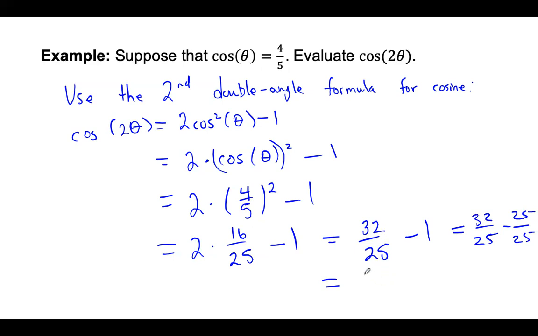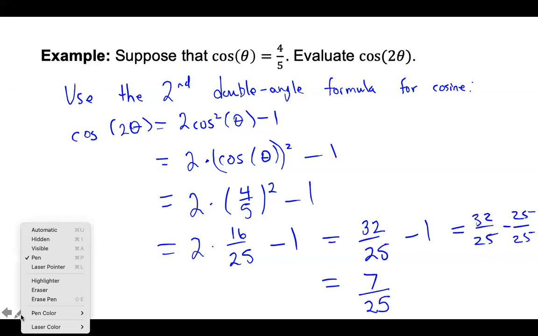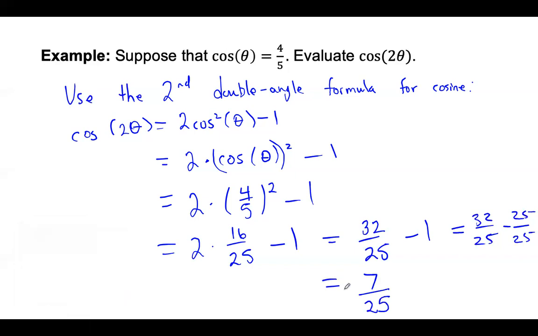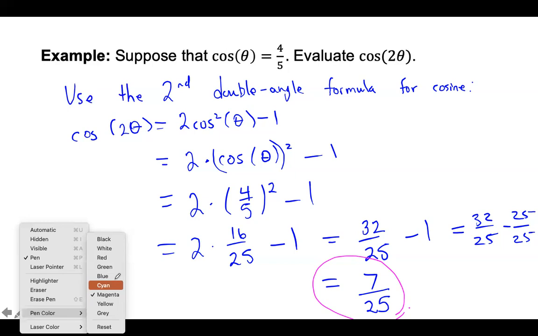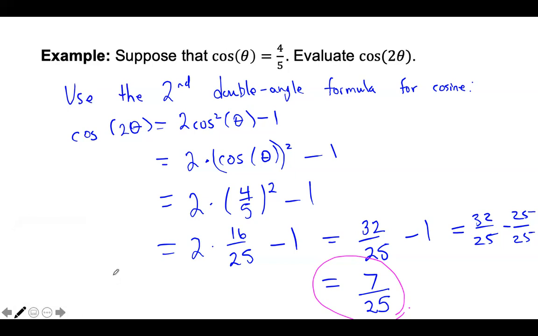So this would be 7 divided by 25. So that is our answer. It's an exact answer. It's essentially choosing the right formula, asking yourself what is given in the question. We're given cos, and then evaluating this, plugging it into the formula.